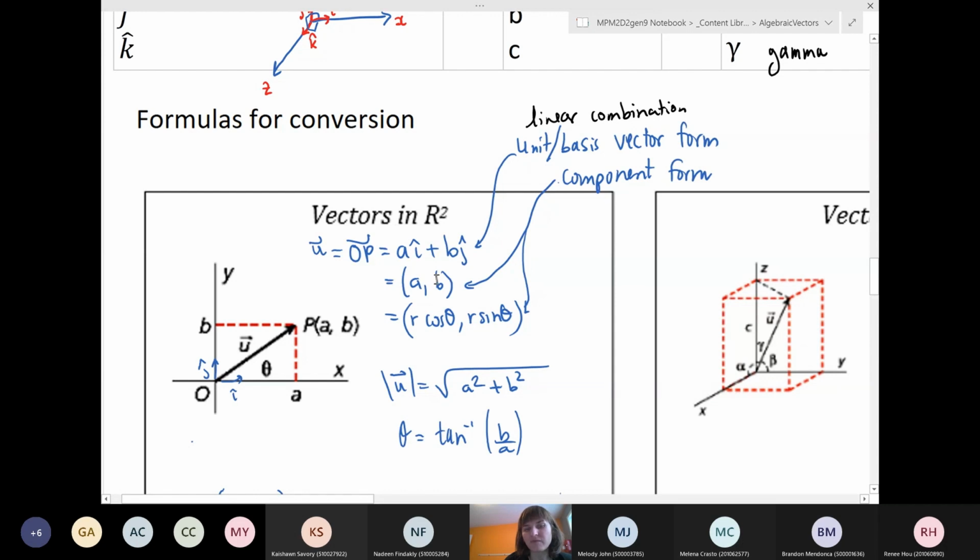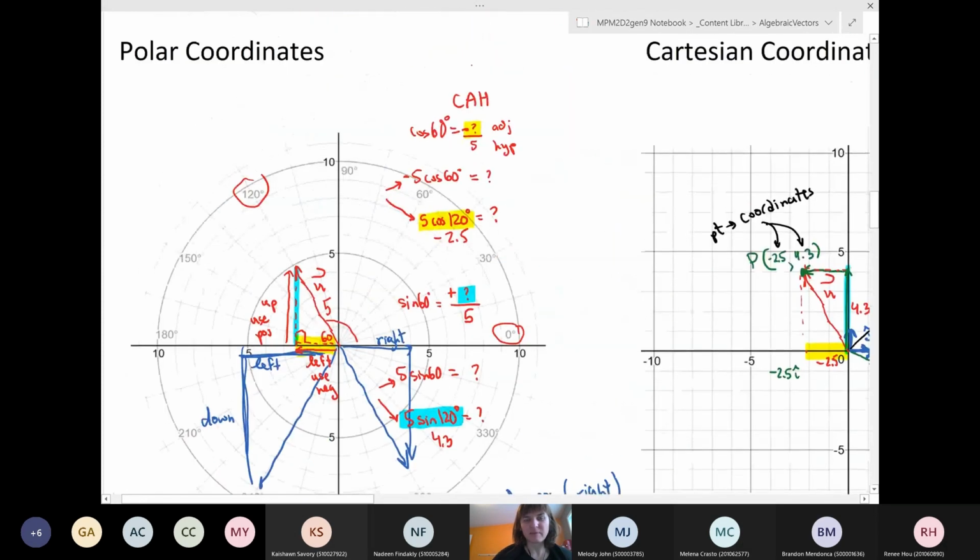But how do you get this form if you're given an angle and the magnitude? So the R here represents the magnitude itself. So R is like the radius. If you want to think about it, R is the radius or magnitude. So do you remember how we did cosine and sine before? So that's exactly what I did up here.